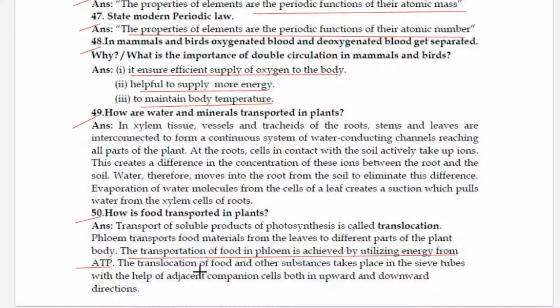The translocation of food and other substances takes place in the sieve tubes with the help of adjacent companion cells, both in upward and downward directions.